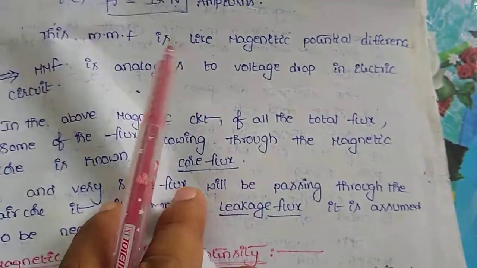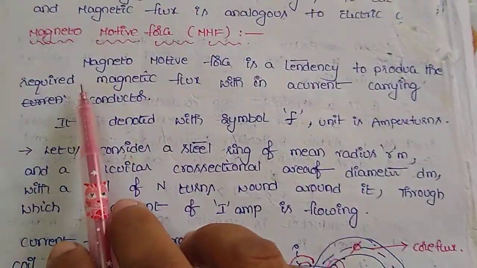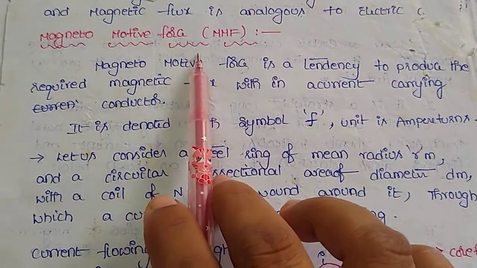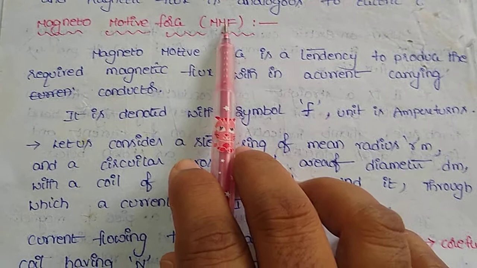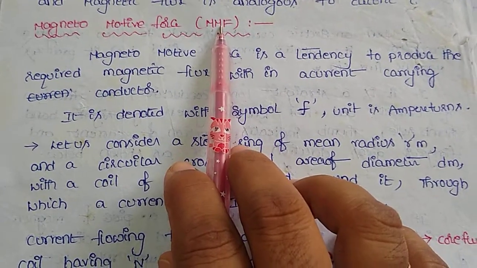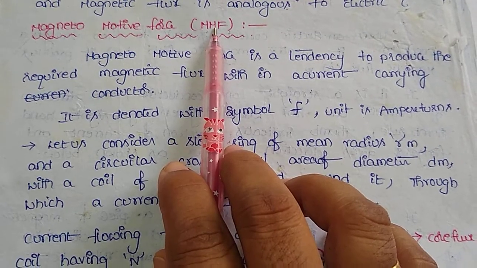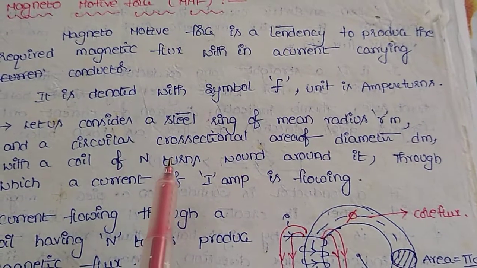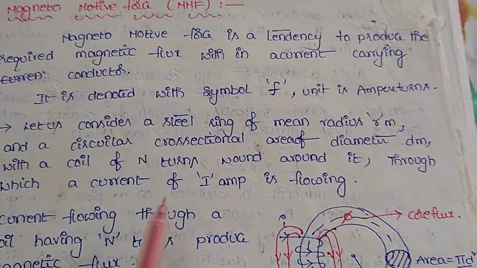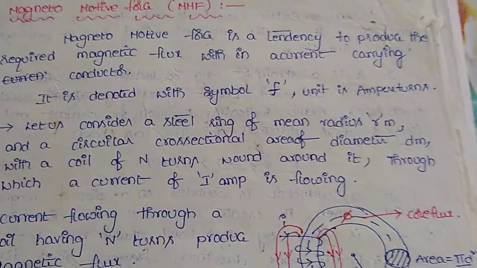Now let us see some of the definitions. First, let us see what is magnetomotive force. Like EMF in electricity, we have MMF in magnetic circuits. There, EMF is the electromotive force in electric circuits which causes some current to circulate. It is the driving force to move electrons from one point to another point of the material, causing electric current.